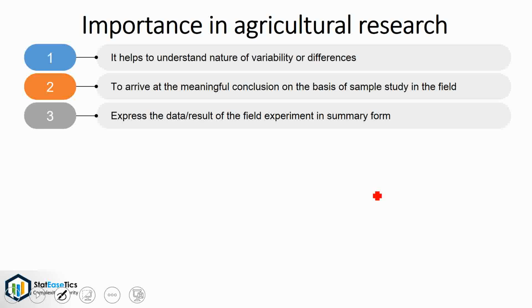Then next is to express the data result of field experiment in summary form. That is, as we conclude the fertilizer dose, we can also have an idea about all the doses from the list, and we can summarize whether a given fertilizer dose has a significant difference from the other doses or it is at par with them.